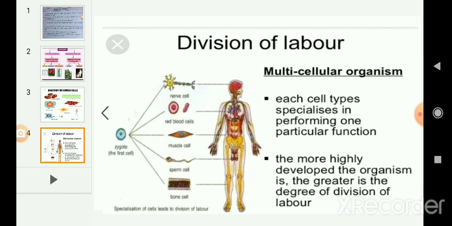So various functions are distributed among the cells. This is called division of labor. Division of labor in simple words means that different parts of the human body perform different functions.